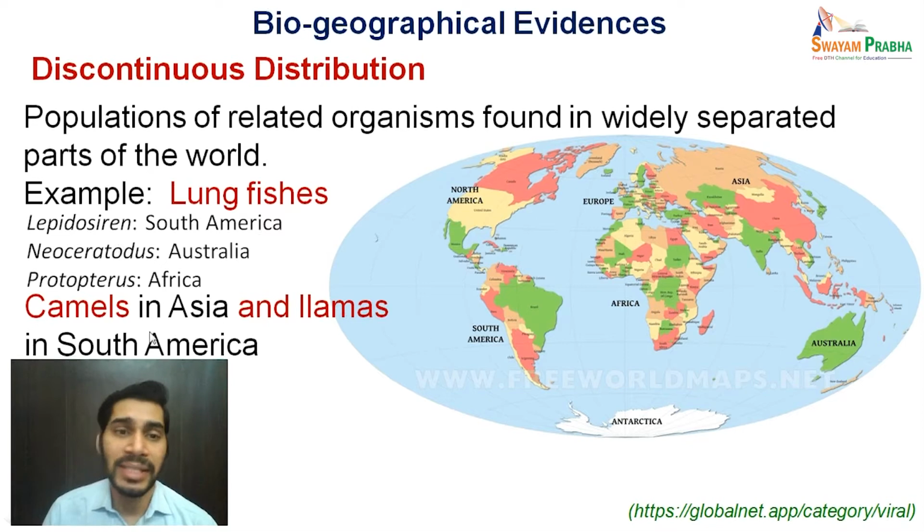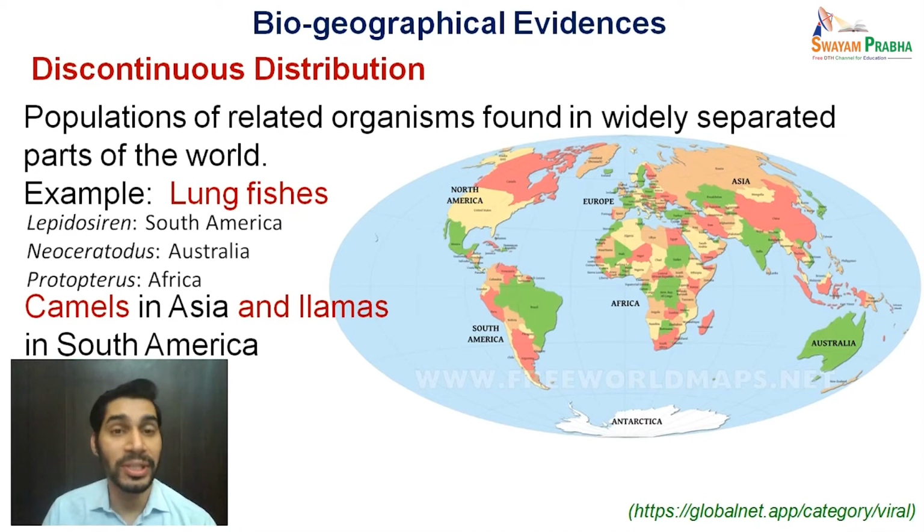Same is the case with other examples like camels, which are found in Asia, and their closely associated member, the llamas, which are present in South America. So again, probably initially they were part of the same mainland, but with the evolution of Earth, with the geographic changes, they got separated and thus evolved separately in different geographical regions.